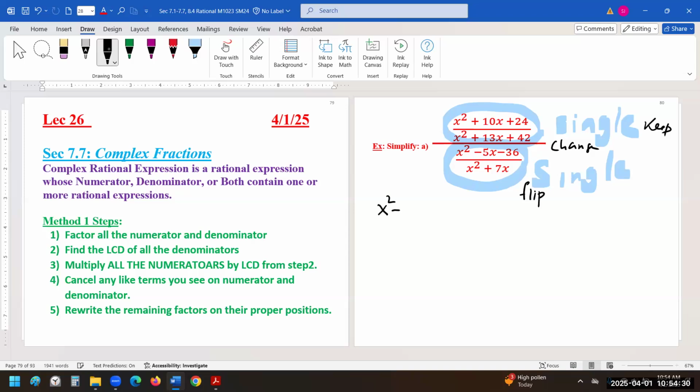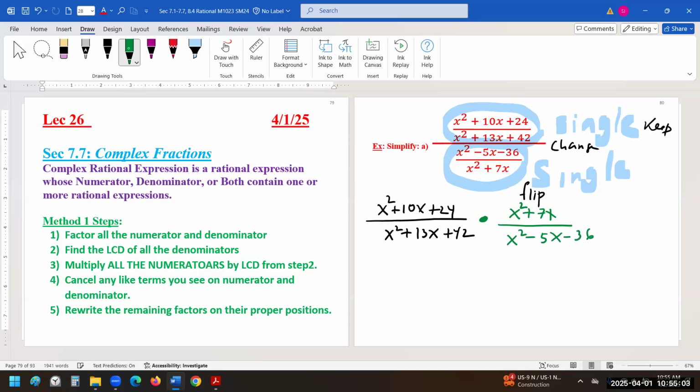We have x squared plus 10x plus 24 over x squared plus 13x plus 42, the fraction on the numerator, and you're multiplying by the reciprocal of the fraction on the denominator: x squared plus 7x divided by x squared minus 5x minus 36. Again, this method is only for a single fraction divided by a single fraction.